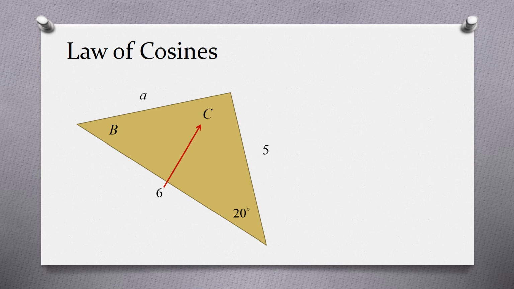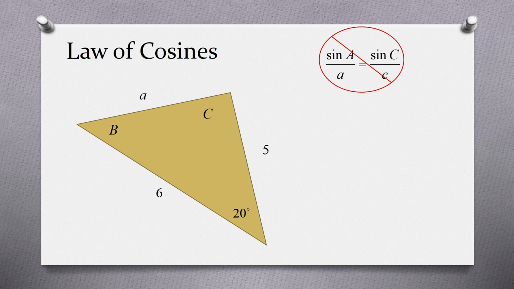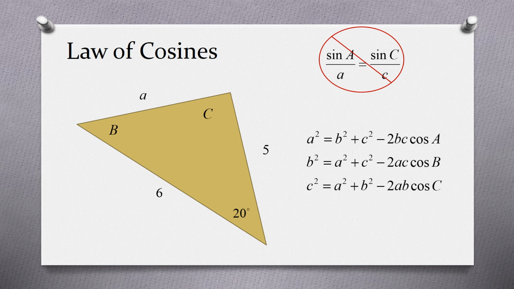Notice here, I am given side measure C, but not angle measure C. I'm given angle measure A, but not side measure A. And I'm given side measure B, but not angle measure B. Whenever you do not have corresponding side and angle measures anywhere, you will not find any success trying to use the law of sines. In that case, you will employ the law of cosines.